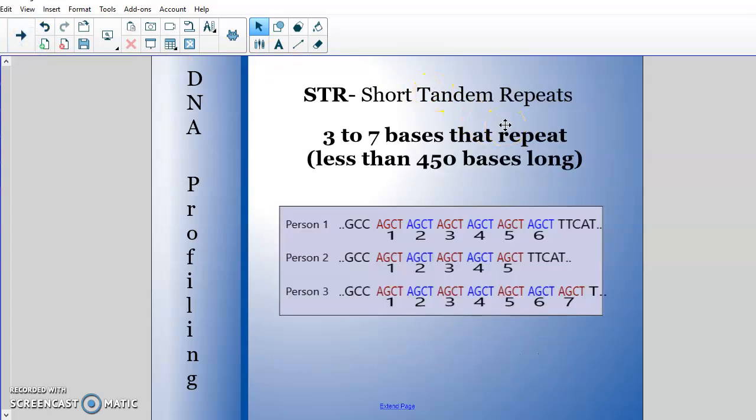An STR is called a short tandem repeat. It's 3 to 7 bases in length that repeats itself multiple times in a person's DNA. So for example, this right here is a short tandem repeat, AGCT, right here. And you'll notice in this person, it gets repeated 1, 2, 3, 4, 5, 6 times. So 6 times that repeat, AGCT, was repeated.